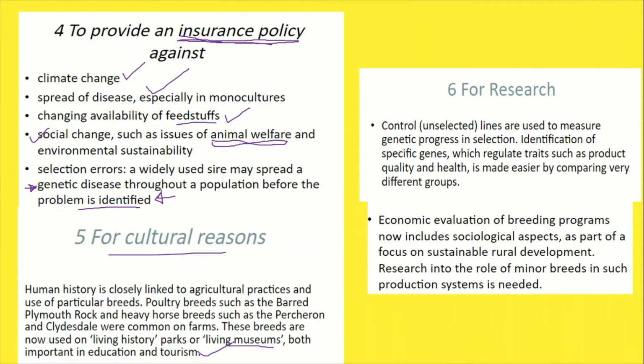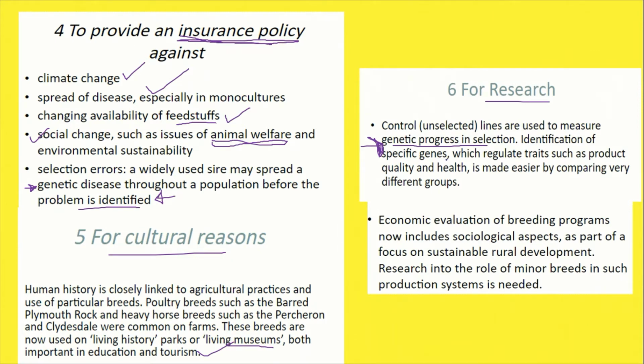We also conserve genetic resources for research, very critical for scientists. Control or unselected lines are used to measure genetic progress in selection. With time, we will be able to keep monitoring how our genetics is changing.